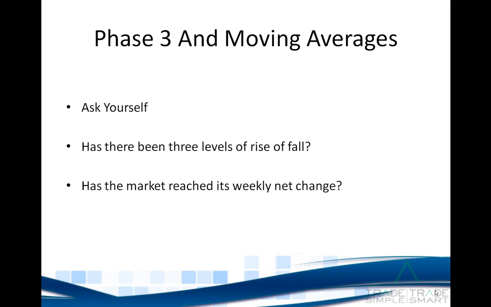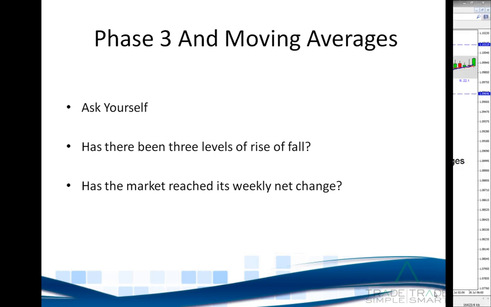If we look back and there are only 2 levels, we may expect a 3rd level to unfold. But if we check the average weekly range, which you have already been taught, we may find that the level 3 accumulation process is actually underway, and then we should expect either a reversal or a continuation of the prior trend.